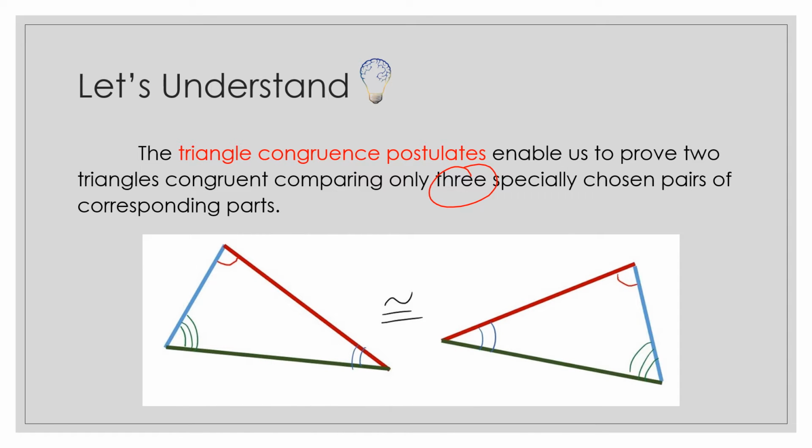Okay, so in here, for example, it's the side. So this is corresponding, here, the corresponding segment here, and this one. Okay, so we only need three specially chosen pairs of corresponding parts for us to prove that two triangles are congruent.